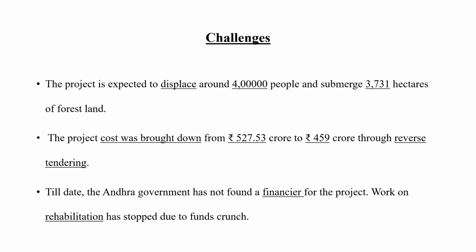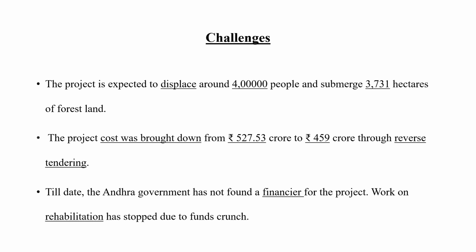The project cost was brought down from 527.53 crore to 459 crore through reverse tendering. So reverse tendering leads to the decrease of the cost of the product. So anyone can have the doubt, what is reverse tendering?